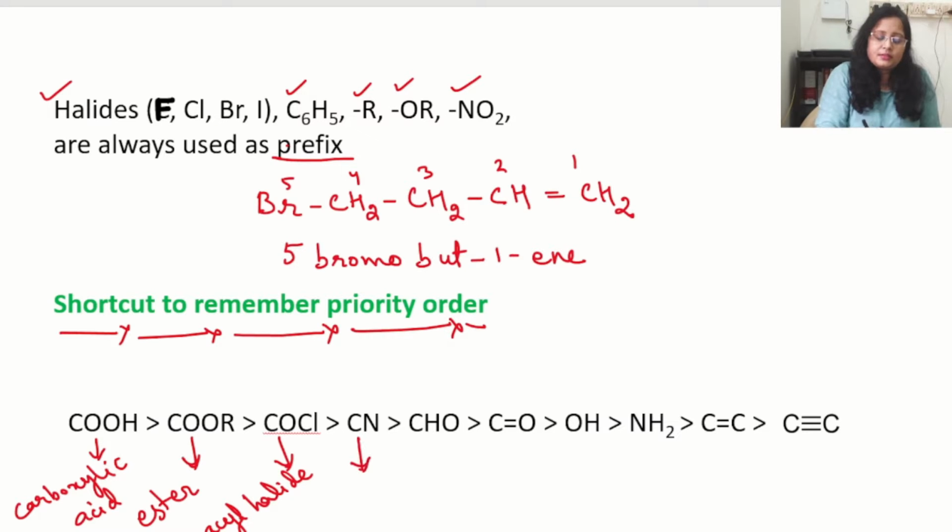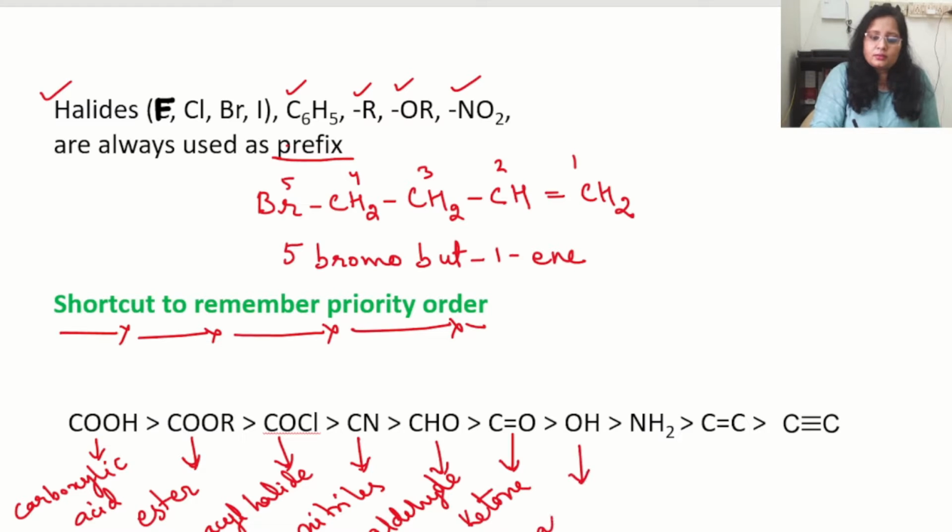Then nitriles. Then aldehydes. After that, ketone. Then alcohols. Then amides. After that, double bond, or we can say ene, and then yne.